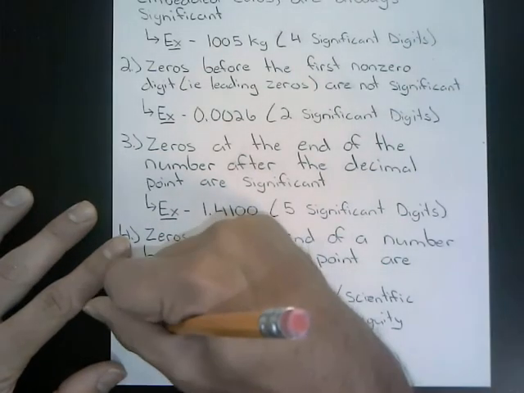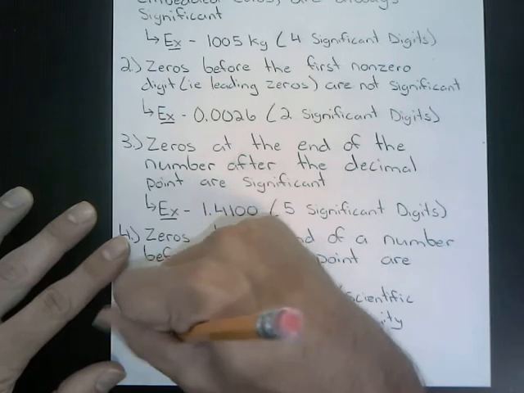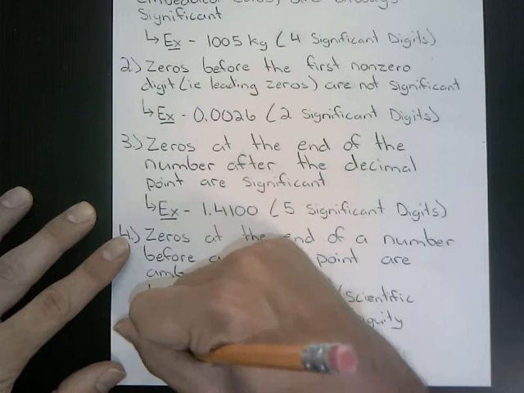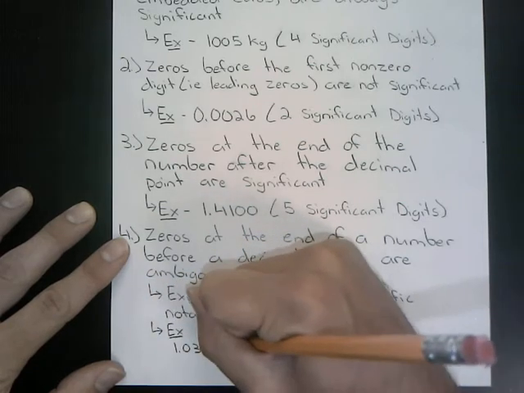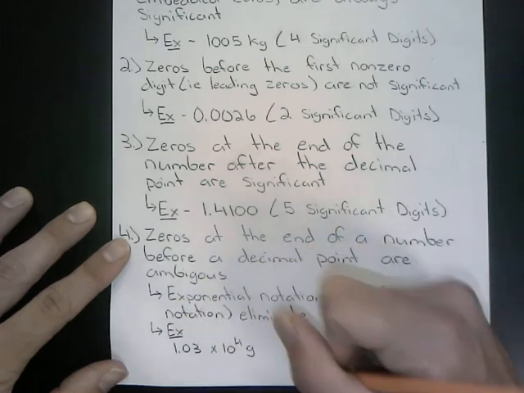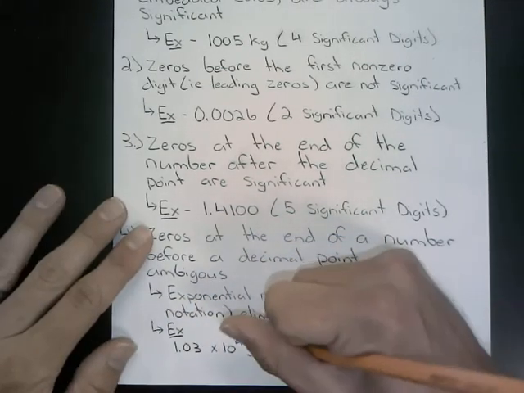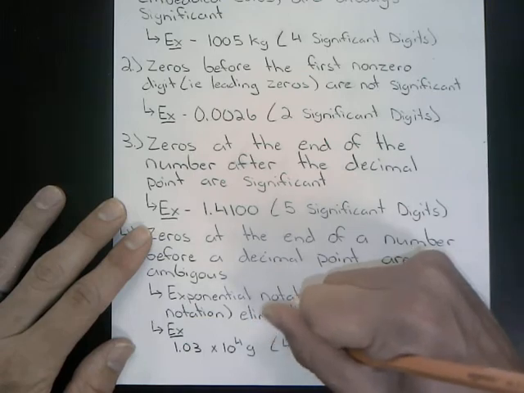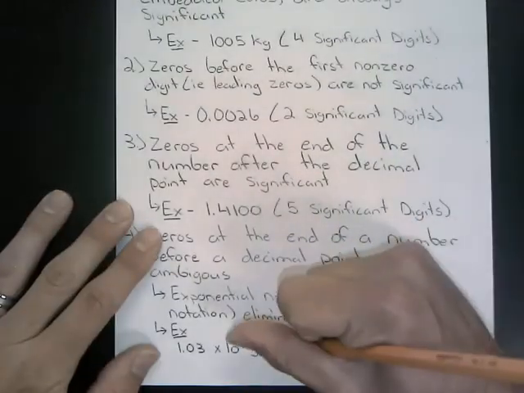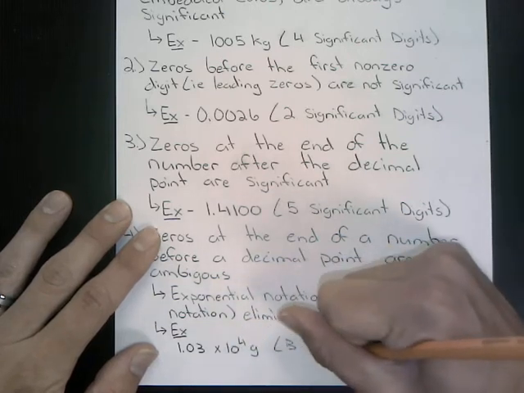So I have 2 quick examples here, both dealing with the same number. Option 1, we have 1.03 times 10 to the 4th grams. This has 3 significant digits.